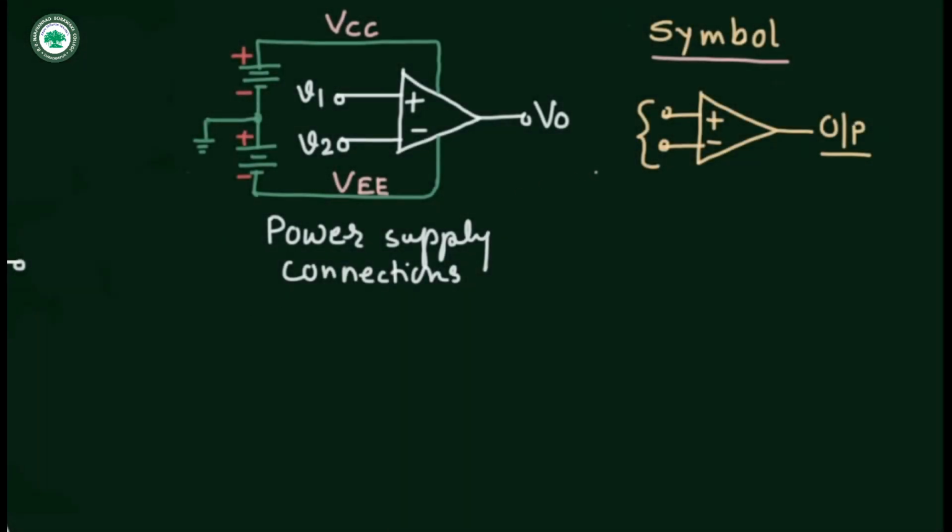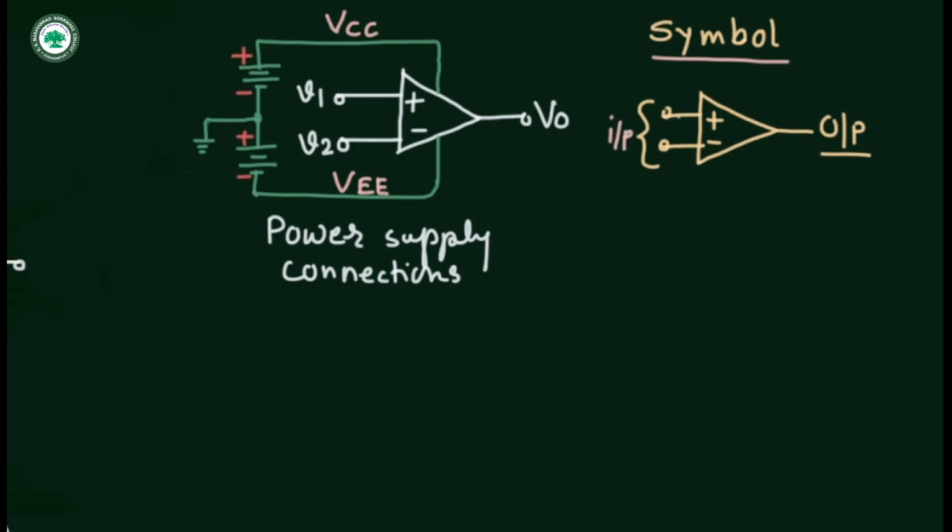Let us now consider the symbol of the operational amplifier. The symbol looks very simple, a triangular arrangement in which we show on the left hand side plus and minus terminals. These are the inputs of the operational amplifier.